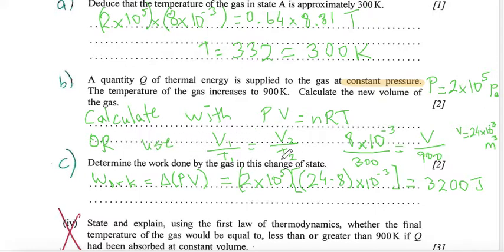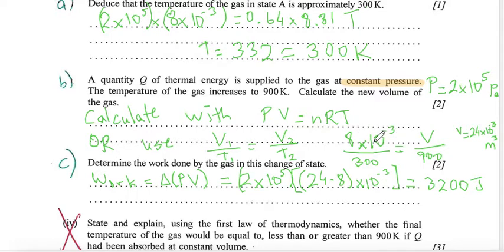Or alternatively, in a question like this, say you don't know the pressure, you don't have a graph to read, or you're just not given that value, but you know it's constant. When pressure is constant, we know volume is directly proportional to the temperature. So you can simply use a ratio. Initial volume, 8 times 10 to the minus 3.